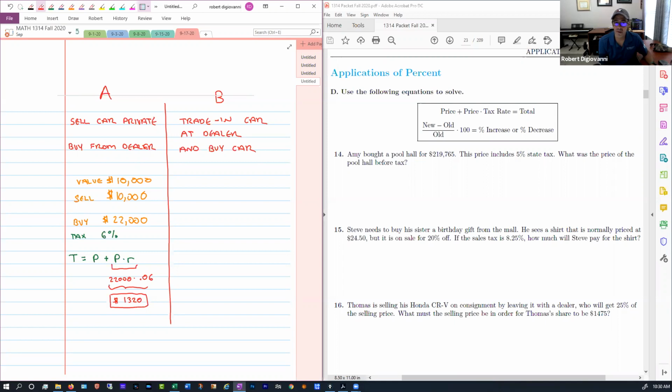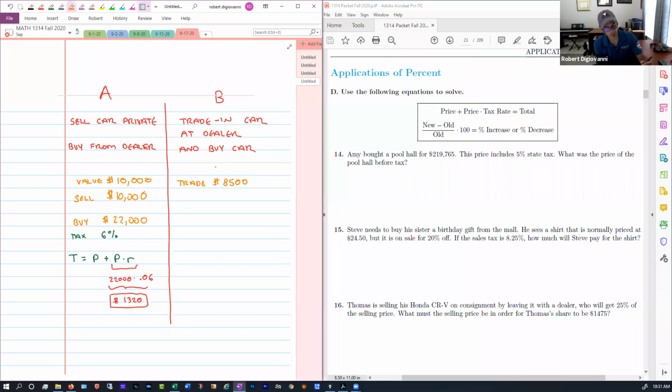So let's say you haggle with them a little bit, and you trade your car in for, let's say, $8,500. The dealership did not give you as much money for the car as the person who would have bought it privately. So is this better for you or not?